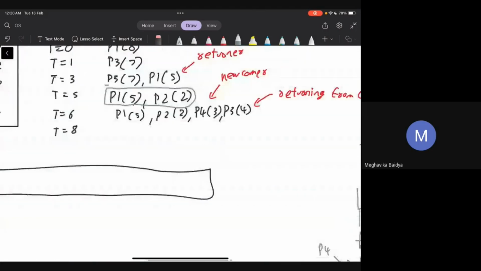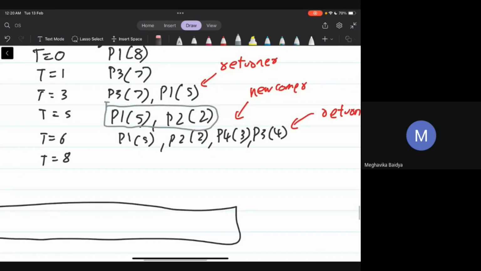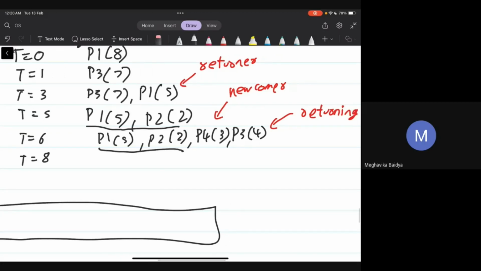P1 and P2 are already there in the queue, and they are the same at t equals 6. P1 and P2 are there, and then P4 and P3 came together. P4 came here, and P3 stood at the last of the line.